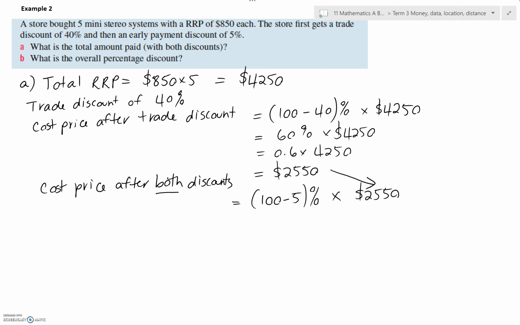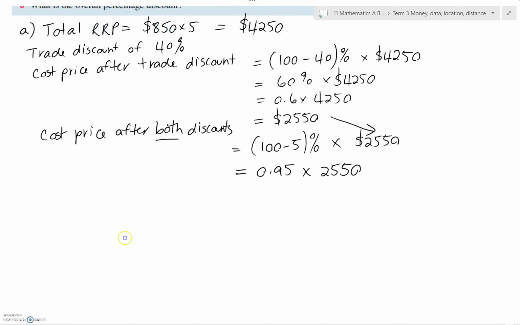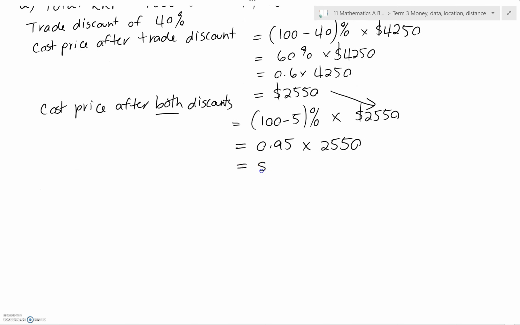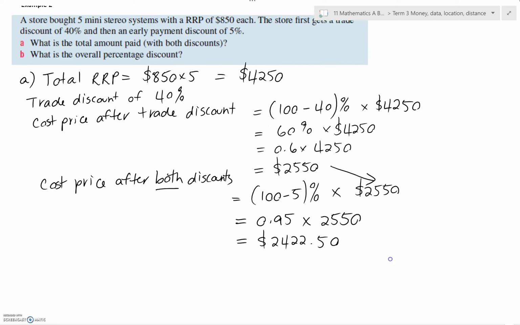It's the cost price after discount that we're interested in. So that's going to be 95%, or 0.95, of the 2,550. And that will be $2,422.50. Now, if you worked out 45% of the original amount and took that off, you will see that it's actually a totally different amount. So it's very important that you don't get caught up with that.